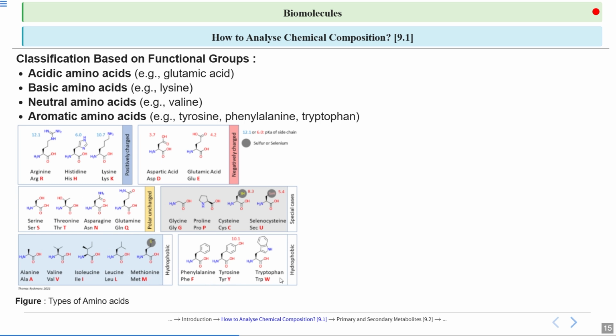You have phenylalanine, tyrosine, and tryptophan. The abbreviation of each amino acid is also given. Like for histidine, you can write HIS or simply H. So there are 20 types of amino acids. Some amino acids also contain sulfur, so there are sulfur-containing amino acids too.